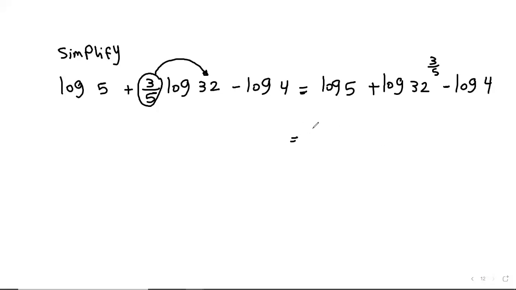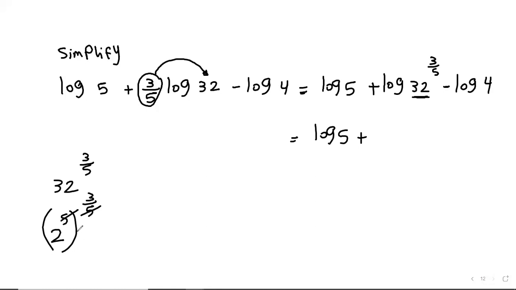That is equal to what? We have here log 5 plus 32 to the power of 3 over 5. 32 can be written as 2 to the power of 5, all raised to the power of 3 over 5. Multiply them, so 2 to the power of 3 equals 8.